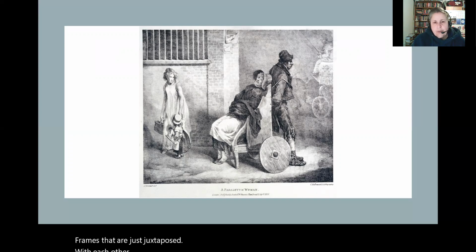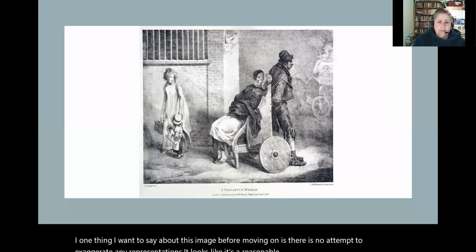One thing I want to say about this image before moving on is there is no attempt to exaggerate any of the representations. It looks like it's a reasonable representation of what life was like at the time.